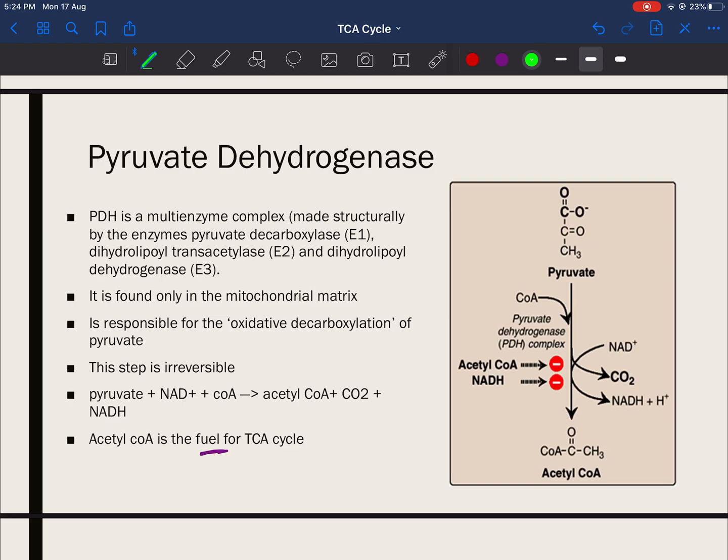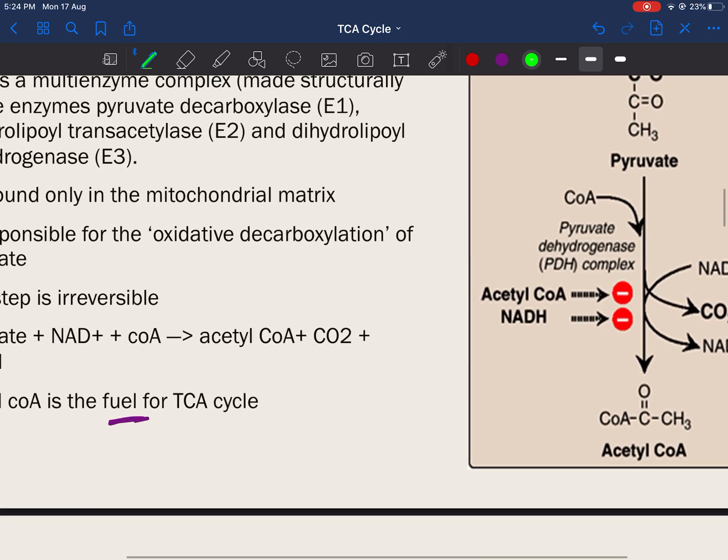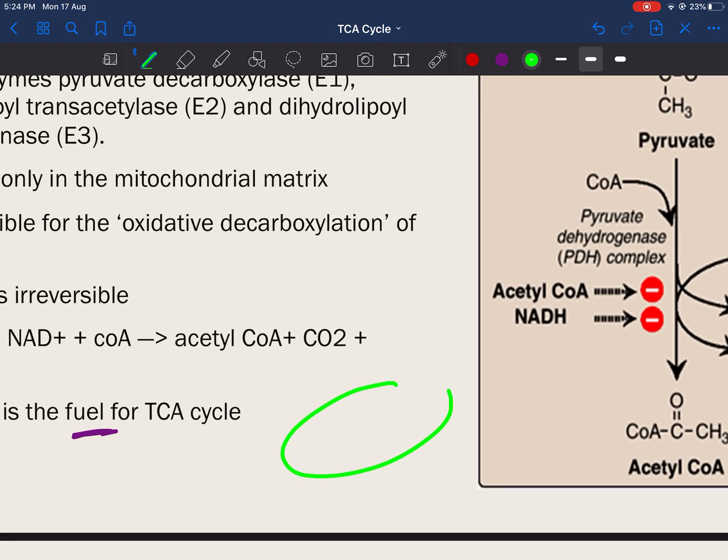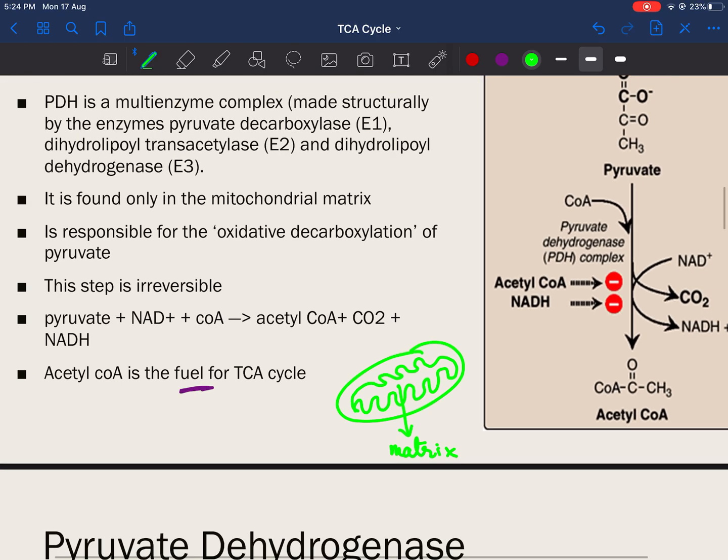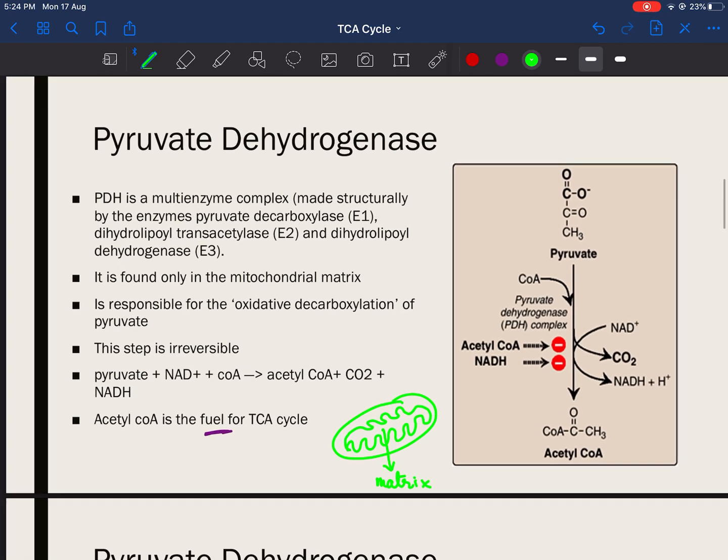So just a short reminder on what the mitochondrial matrix is. Basically, if this was your mitochondria and you have these inner cristae inside, the space inside would be the matrix. That is what the matrix is. And this is where you'd find the PDH complex.